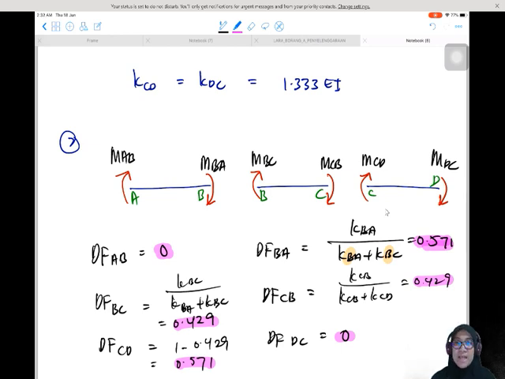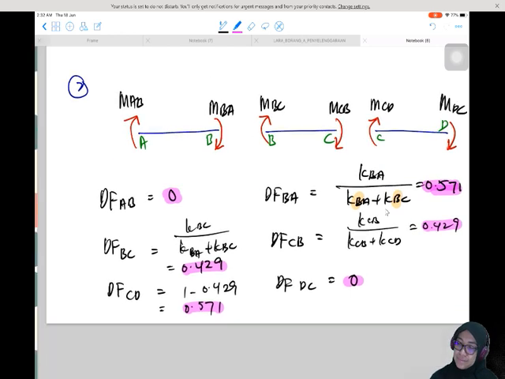So the next step, step number 3, is the fixed end moment.